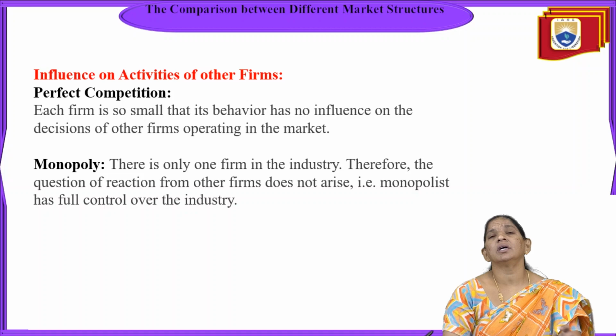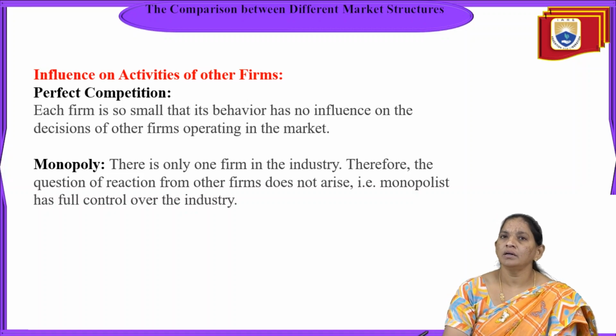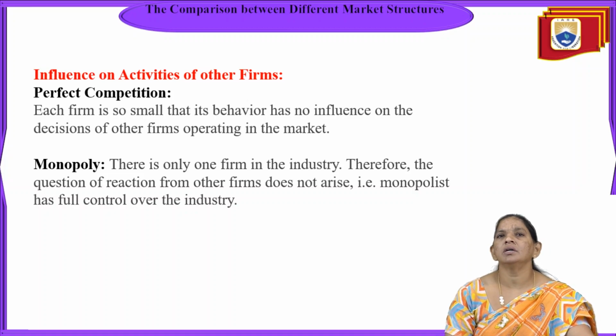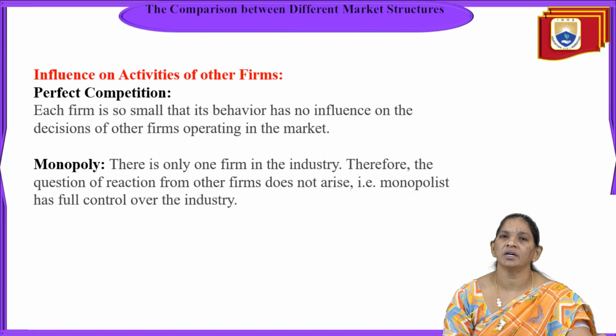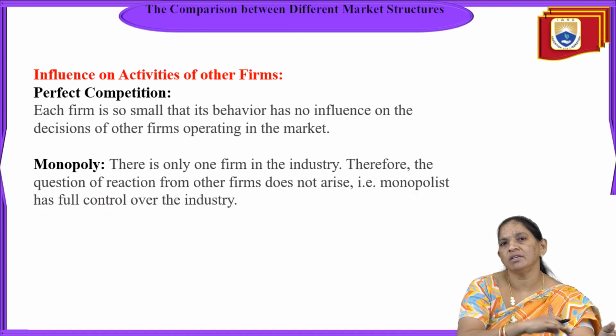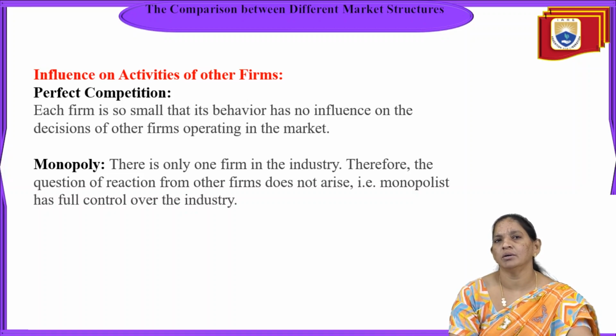And next, another important feature which influences the comparison of these four market structures is the influence on the activities of the other firms. Means how these competitive markets influence the other firms or organizations in the market.